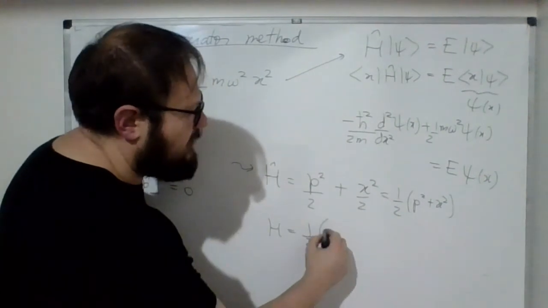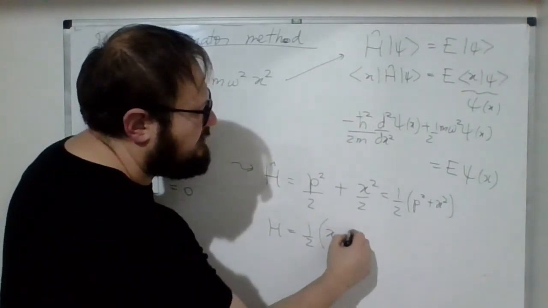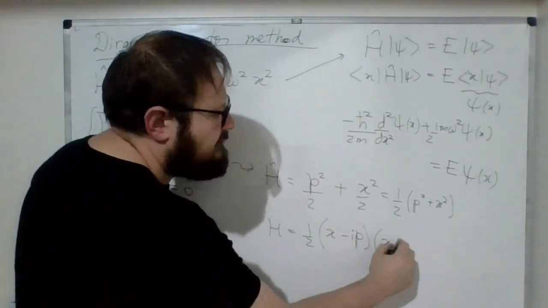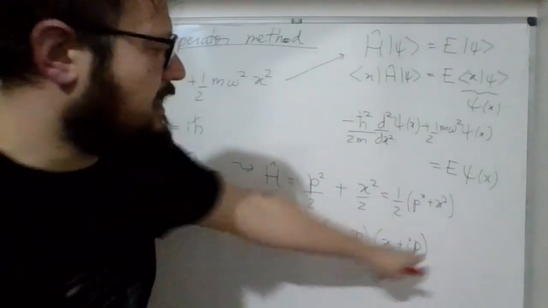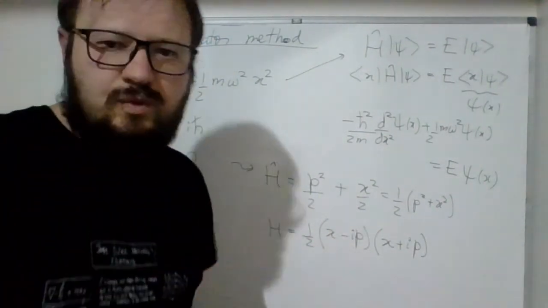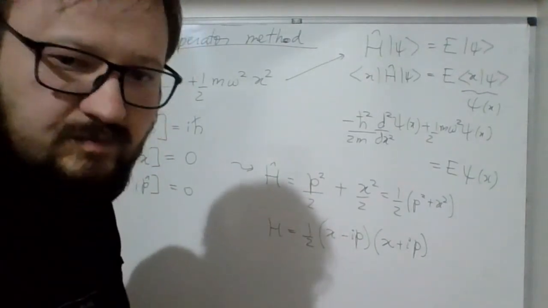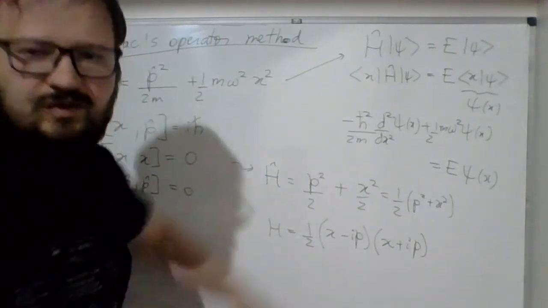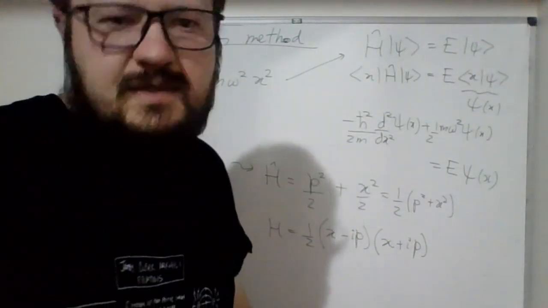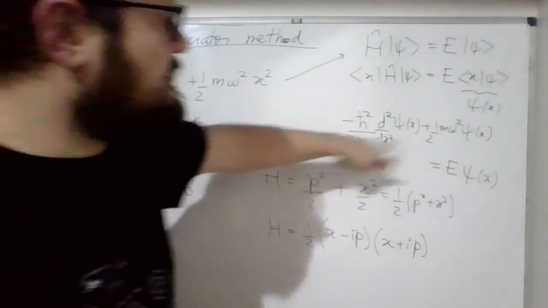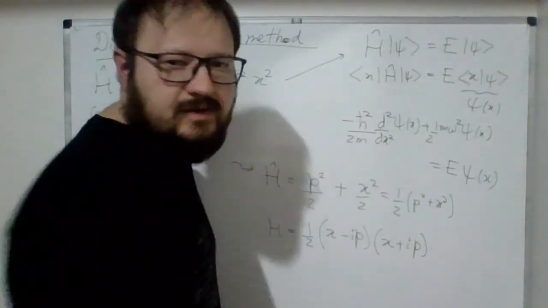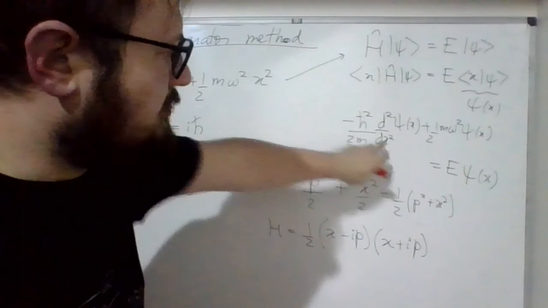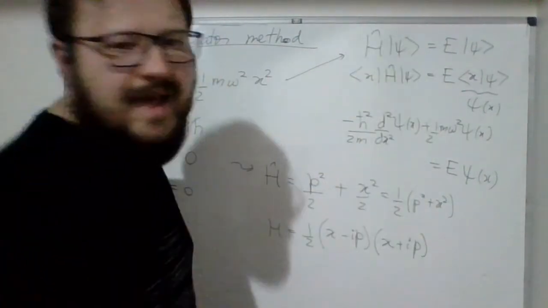So it could be written this way: x minus i times p, times x plus i times p. You can do the calculations here. The constants h bar, m, all just pollute your equation, but you can just renormalize distance and momentum.